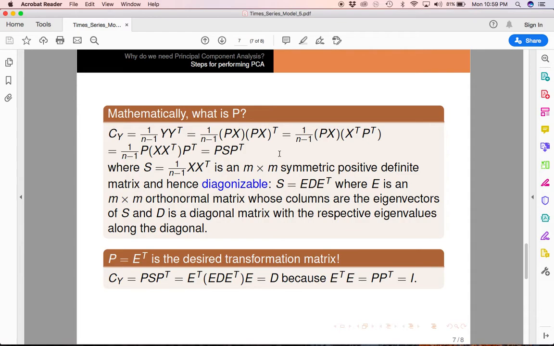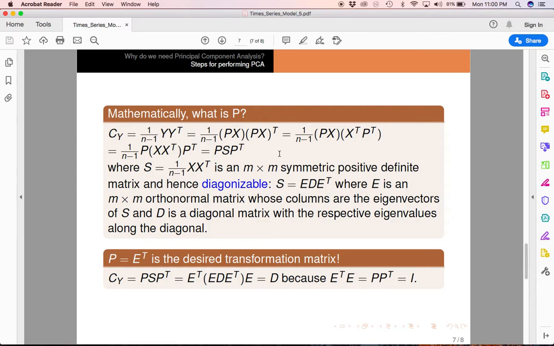So mathematically, we have a transformed representation Y, from which we can construct a covariance matrix denoted by C sub Y. But the transformation Y can be written as PX, so we just substitute Y equals PX. And PX whole transpose means X transpose P transpose, so we just rewrite those terms.